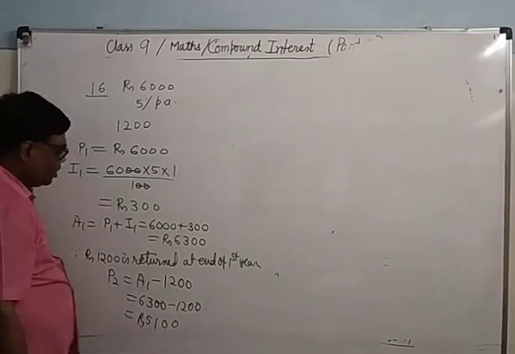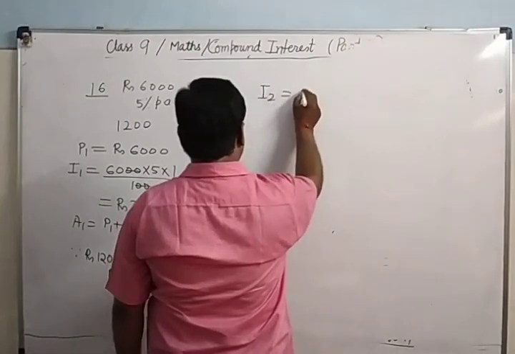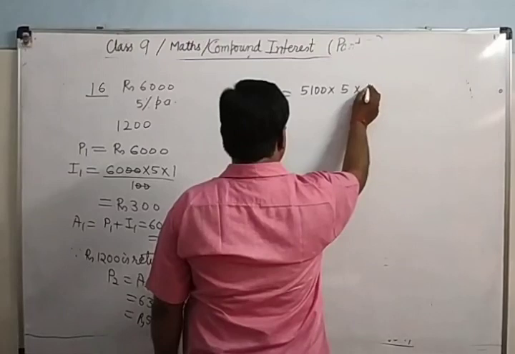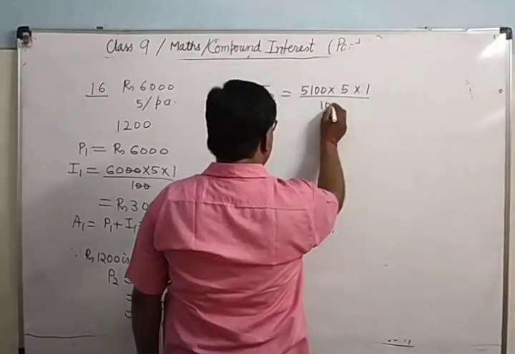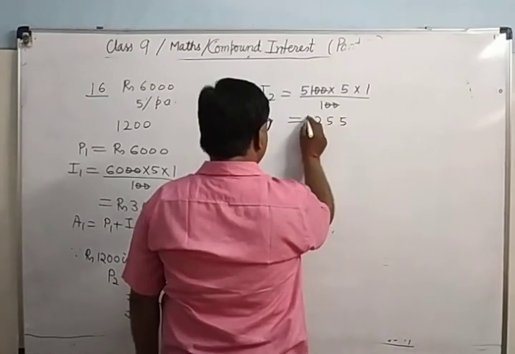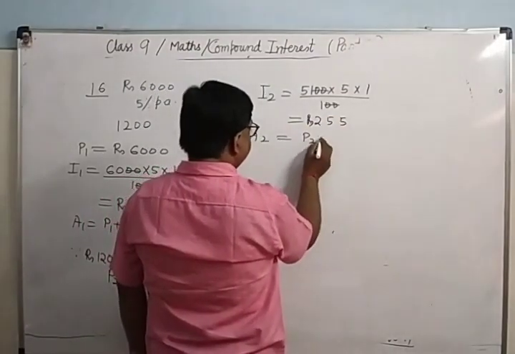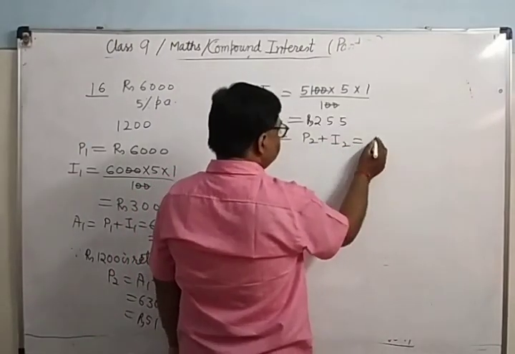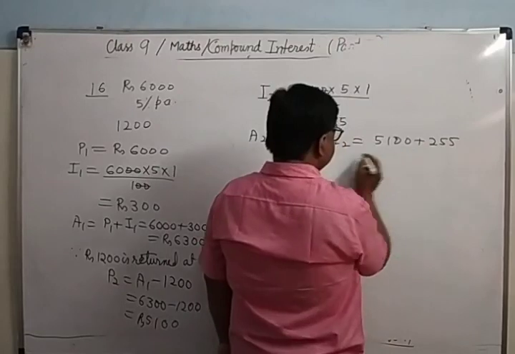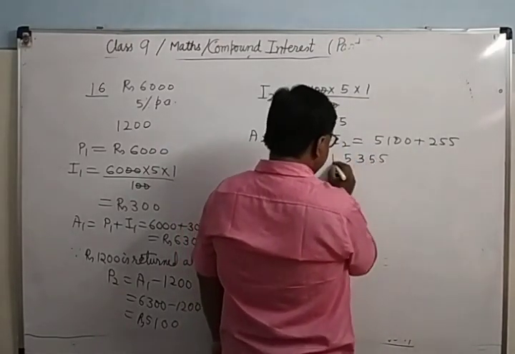It's clear. Then what will be I2? I2 equals PRT upon 100. Rate is 5, T is 1, divided by 100. So this is equal to 255. So what is A2? P2 plus I2, so 5,100 plus 255 is equal to 5,355. It is clear.